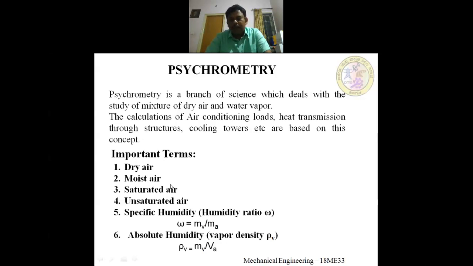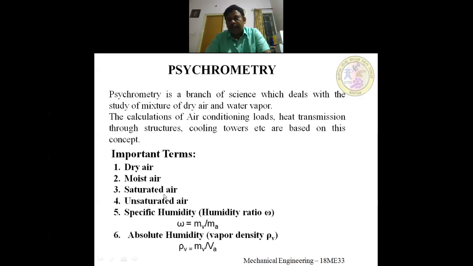Moist air is nothing but dry air plus water vapor. Atmospheric air is moist air, which is a mixture of dry air plus water vapor. Next one, saturated air is the air which contains the maximum amount of moisture that air can hold for a given pressure and temperature.